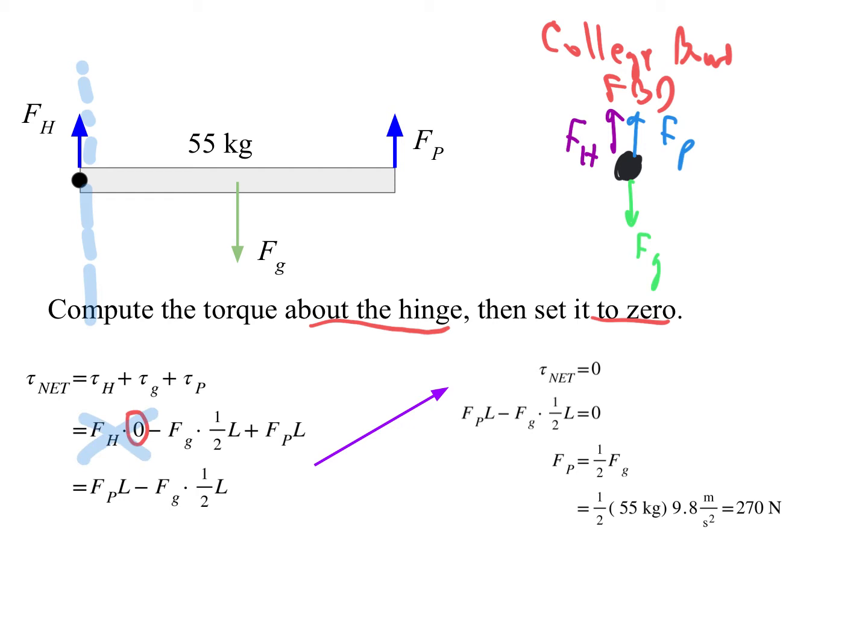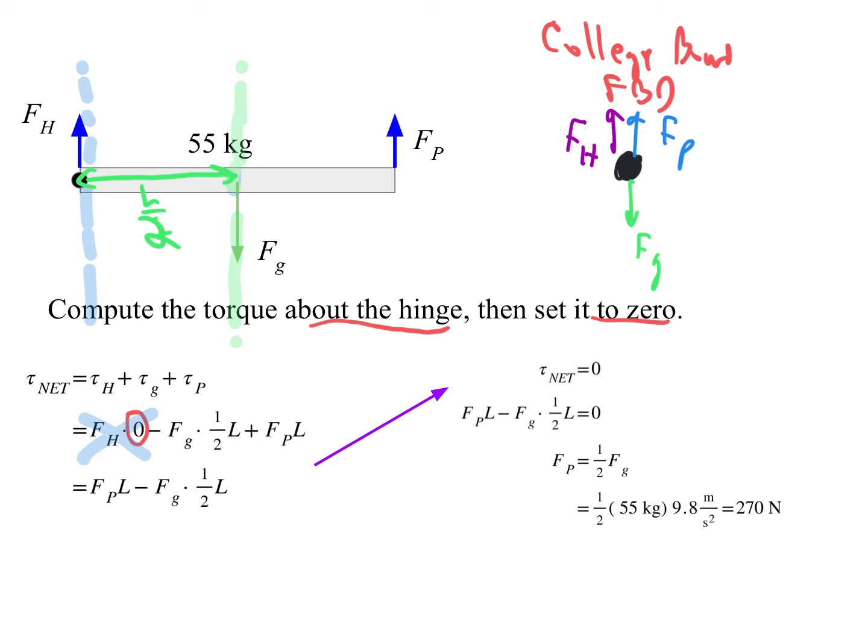On the other hand, gravity has a line of action that is this, which means it has a moment arm, which is this, which we'd call L over 2 if the bar is length L.